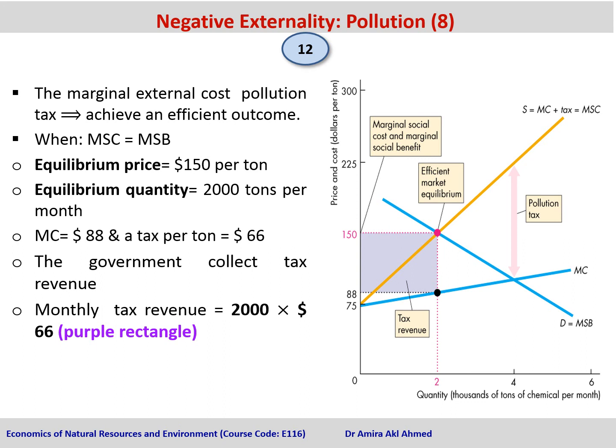This equilibrium is efficient because marginal social cost equals marginal social benefit. The firms incur a marginal private cost of $88 per ton and pay a tax of $62 per ton. Hence, the government collects tax revenue obtained by multiplying the quantity produced by the pollution tax. The purple rectangle shows the government's tax revenue.